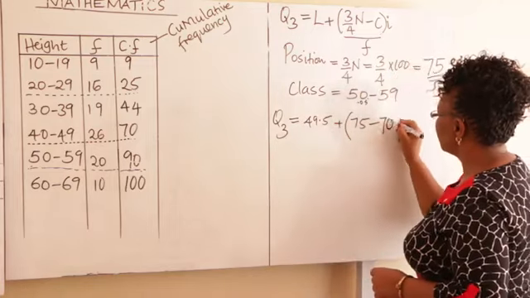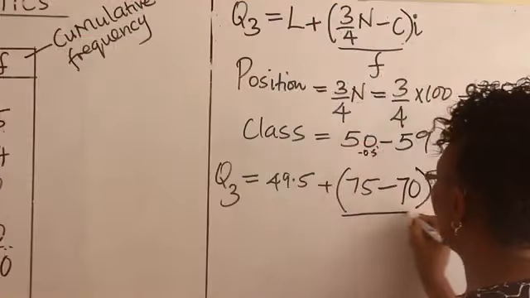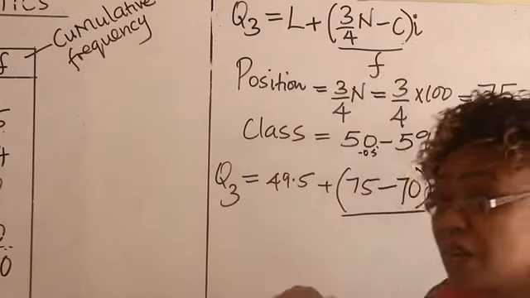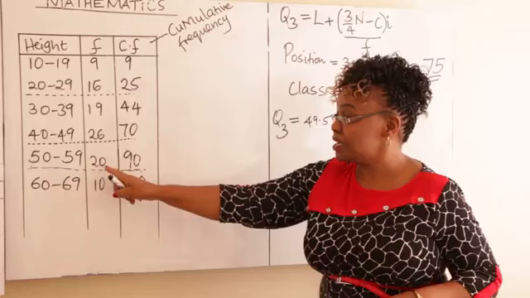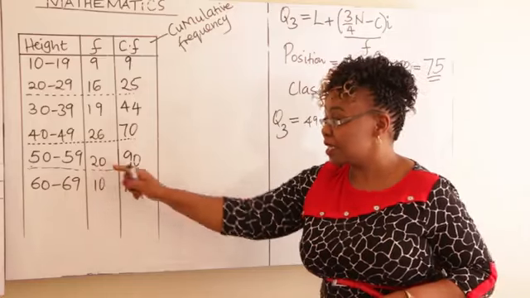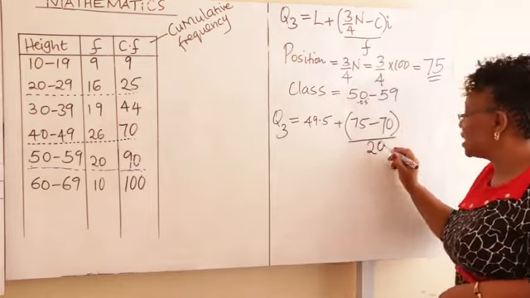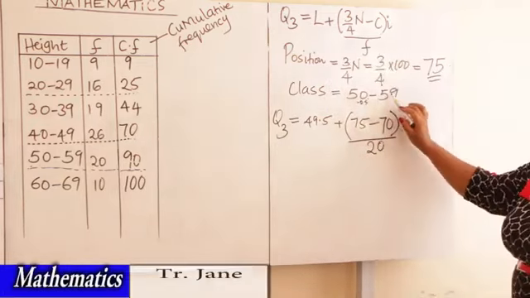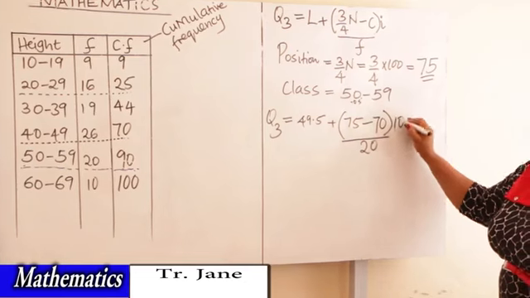So you come and write your 70 there. The frequency of the class that you are dealing with is 20. So you write 20 here, and finally the class interval is 10.